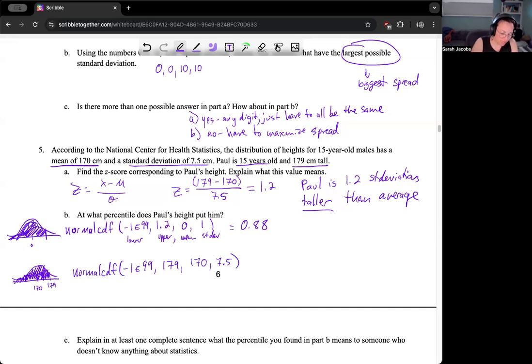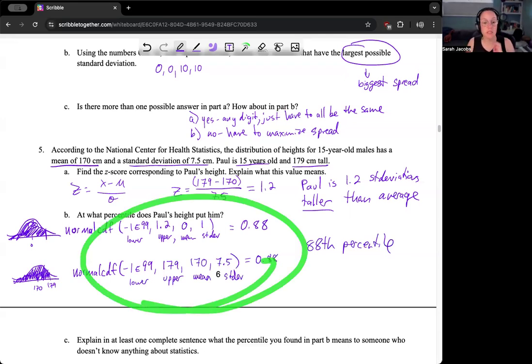When we put that into normal CDF, 179, we get the same 88th percentile. And for good measure, lower, upper, mean, and standard deviation.